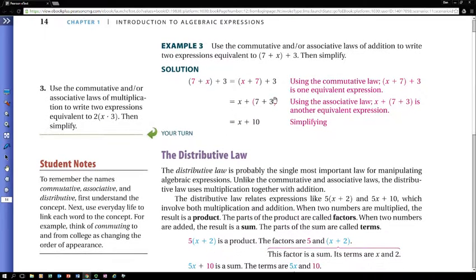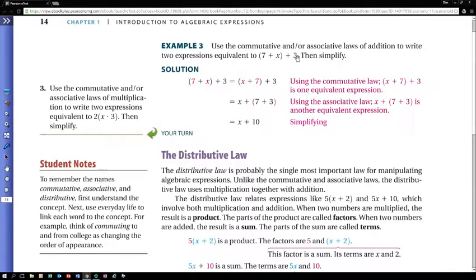And that's the process we're going through, is then they change order, then they change the grouping to put the 7 and the 3, this addition of the 7 and the 3 together in a grouping symbol, because now when that's grouped together I can use order of operations and I can add this before I deal with adding this variable, which I can't add because I don't know what value goes in there.